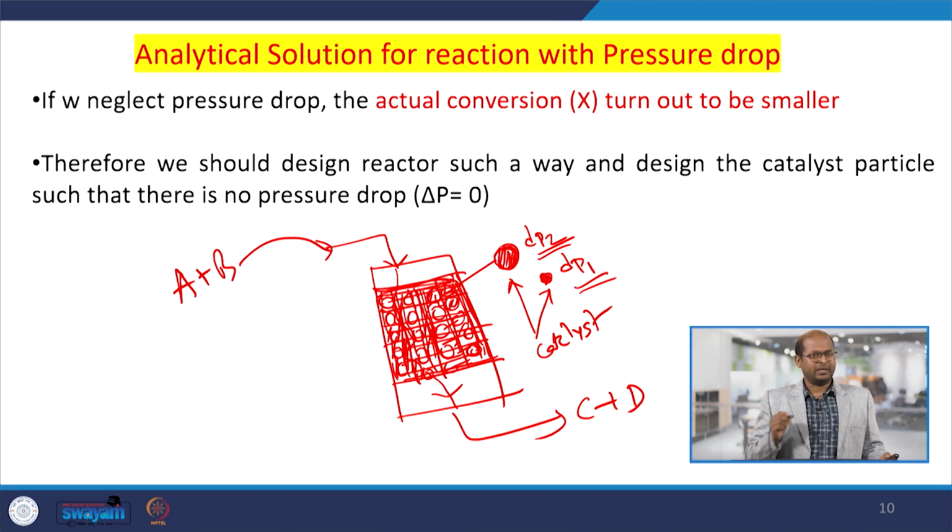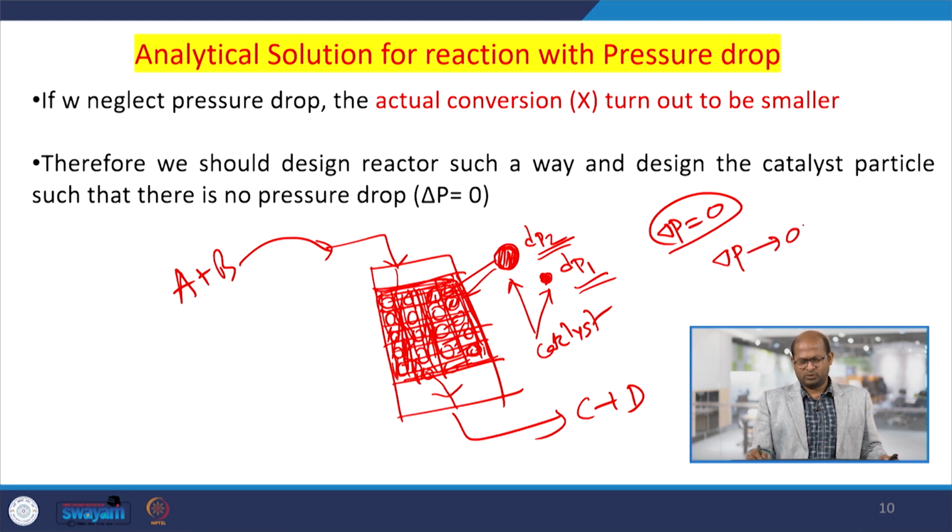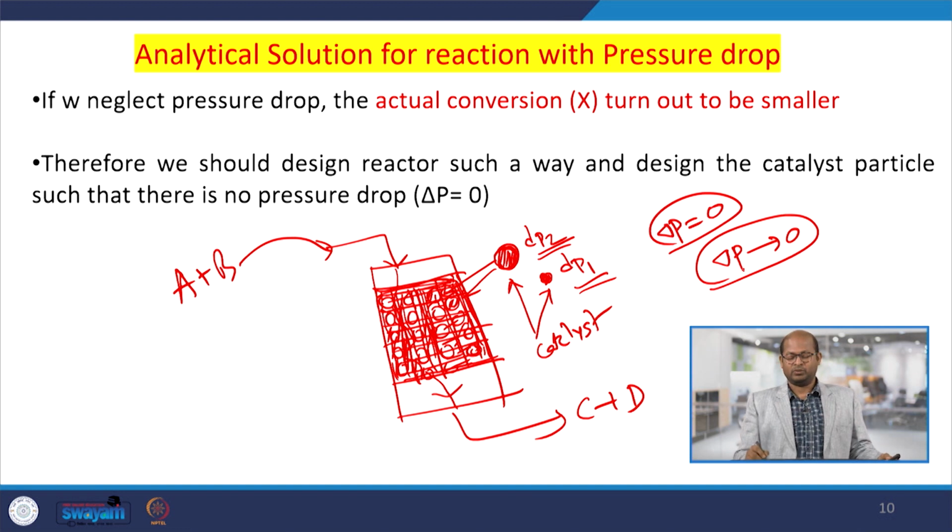We have to conduct reactions inside of the reactor, but we have to design it in such a way that we can bring the pressure drop to 0 or close to 0. Zero is not possible, but close to 0 we can achieve. That also depends on the catalyst particles we are placing and how we are arranging them, and that part we will discuss in our next class.